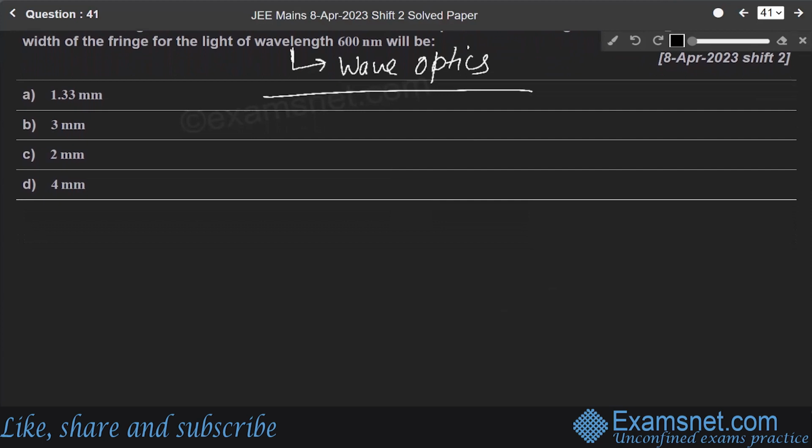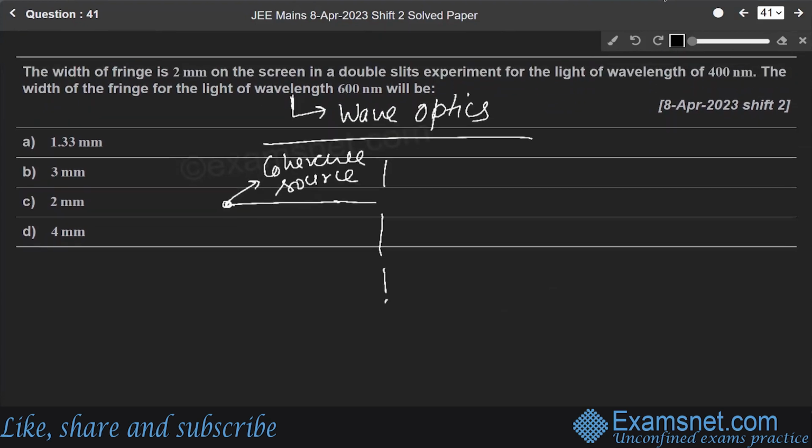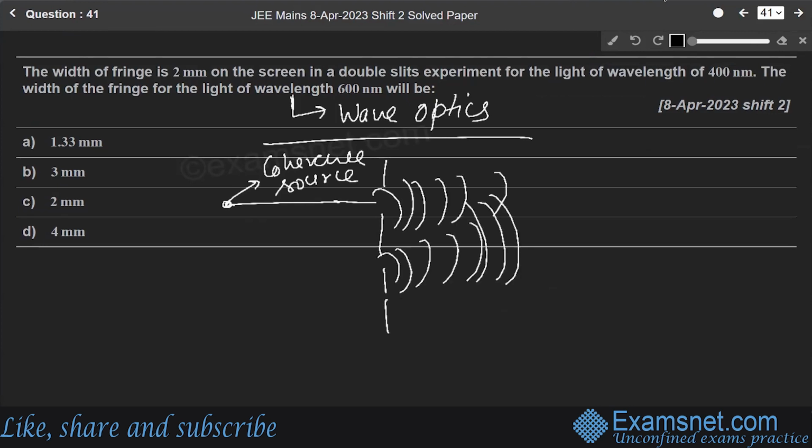So what is Young's double slit experiment? In Young's experiment there is a source. This is a coherent source. The light coming from it is coherent light. It is passing through slits, and wavefronts are coming from these slits and they are overlapping, and a central fringe and alternating bright and dark fringes are forming on the screen.